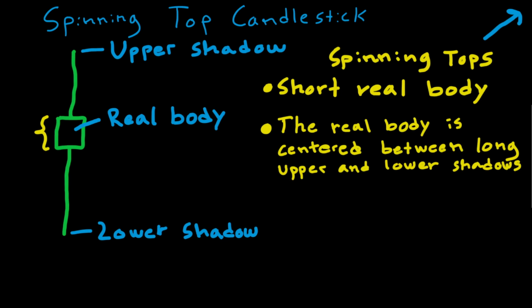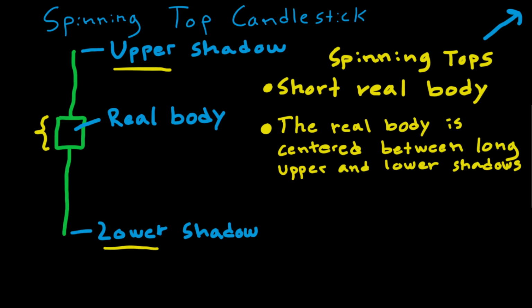So as you can see here, the real body is pretty much in the center of the upper and the lower shadow. And the real body doesn't have to be exactly in the center, but it has to be pretty close to the center in order to count as a spinning top. So this is basically how they look.